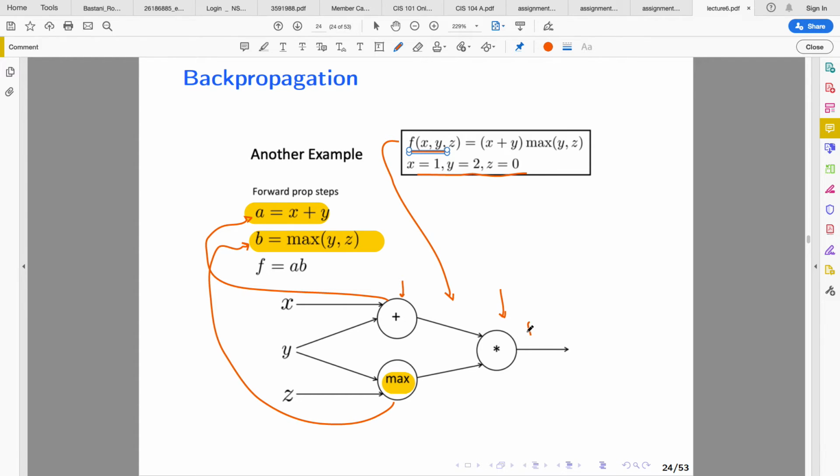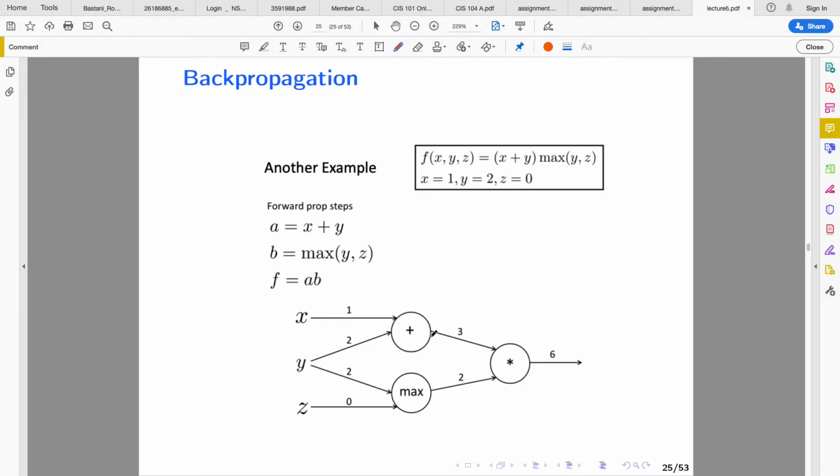Then our final value will be f, which will be a multiplied by b. So now putting in the numbers, by the time we do our forward propagation, our x is 1, our y is 2, we do a plus, we have 3. Our y is 2, z is 0, we do a max, we get a 2. We do a multiplication, we get a 6, then our f gives us a 6.